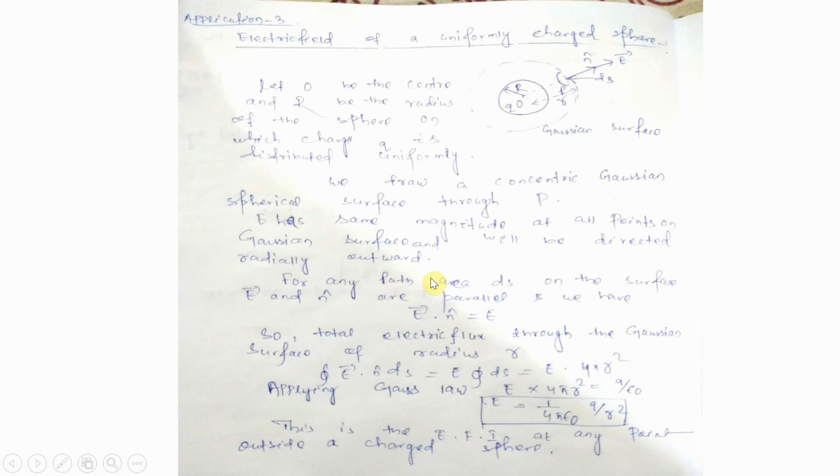For any small area ds on the surface, E and n cap are parallel. Here the direction of E and the direction of n cap are the same. n cap is the unit vector, so E dot n cap we can simply represent as E, because a unit vector has magnitude 1.